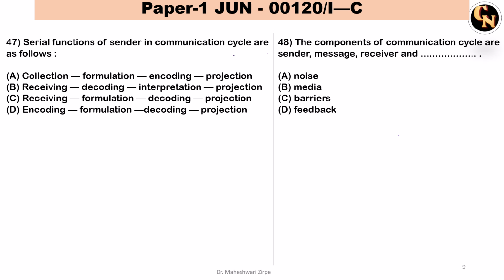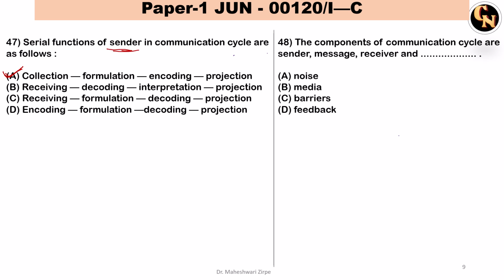What is the correct answer for the sender in the communication cycle? The sender has to collect the data, formulate it, encode it and then project it. So the correct option is A.